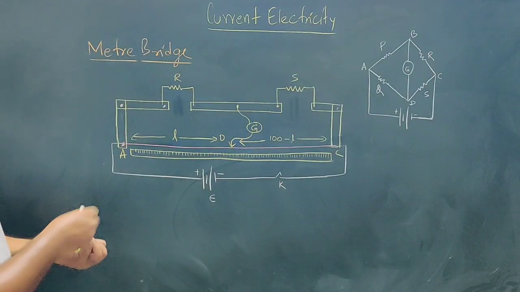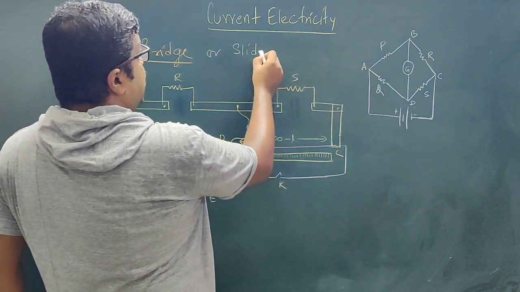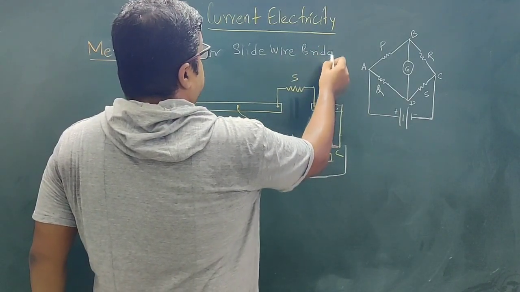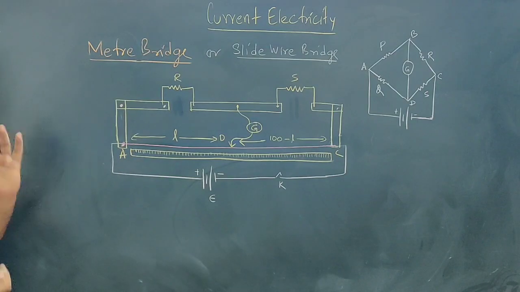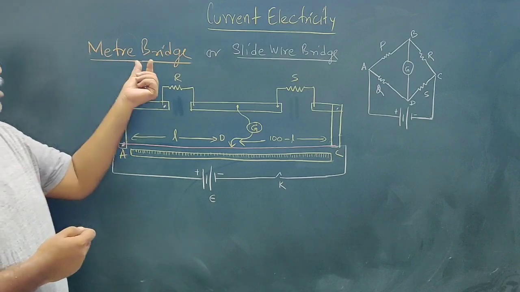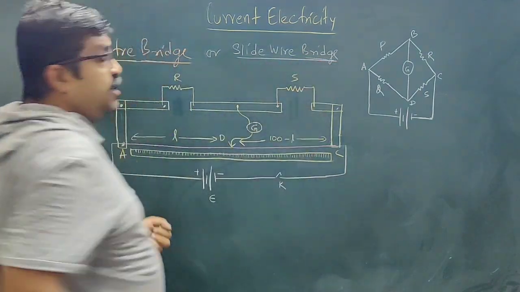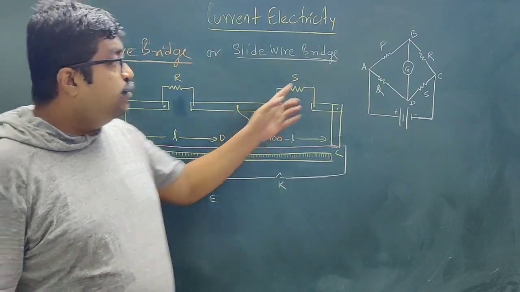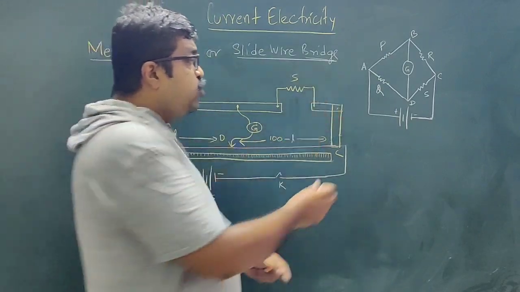Now this meter bridge is also known by the name slide wire bridge. Let us first understand why this name. The word bridge is used because this device works on the principle of Wheatstone bridge.